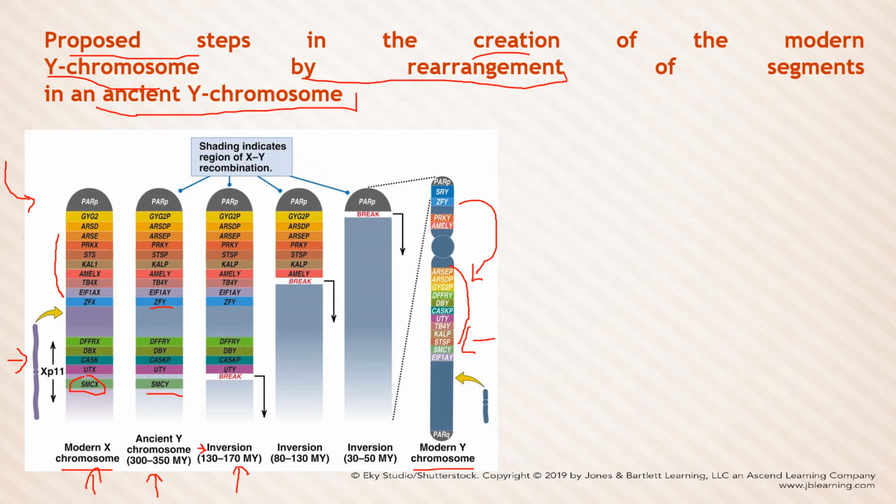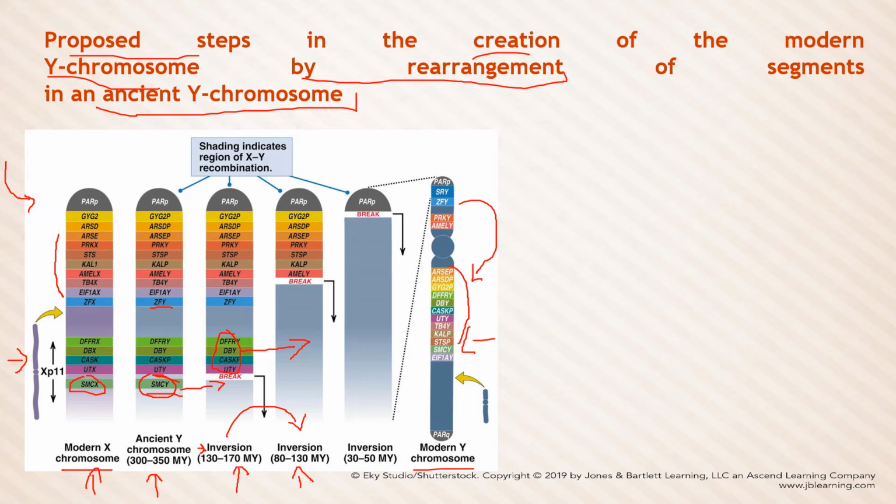There was an inversion, and a break here, so this section moved to another part. Then you move to the next inversion event, and this region broke again. There was a break and an inversion that moved it to a different region. Some genes were lost, some were kept, but they are not in the same place anymore.